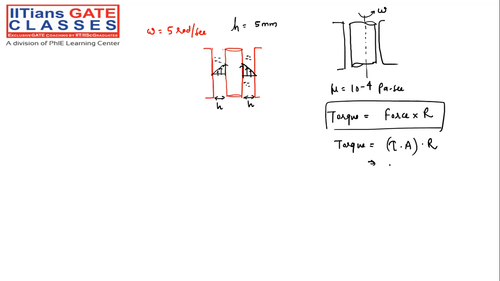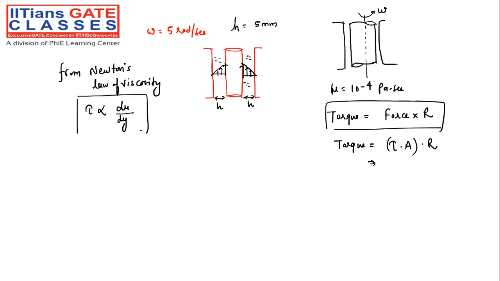What is the shear stress? You know that from Newton's law of viscosity, the shear stress is directly proportional to angular deformation rate or directly proportional to velocity gradient. Now, if you remove the proportionality, you will be calculating as mu into du by dy.